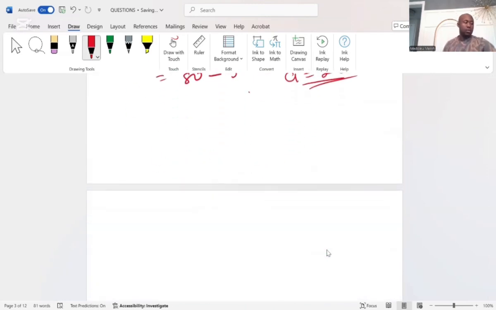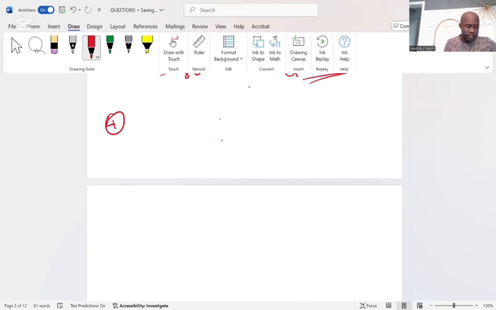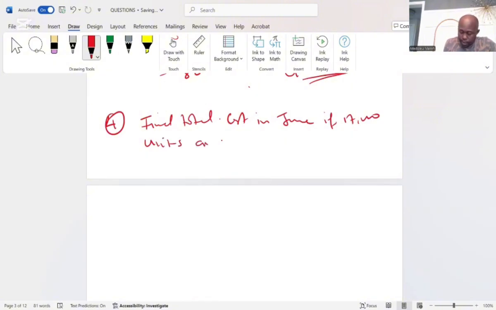Requirement 4 says: find total cost in June if 17,000 units are made using the regression method.